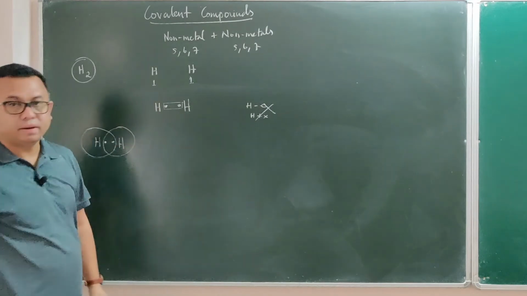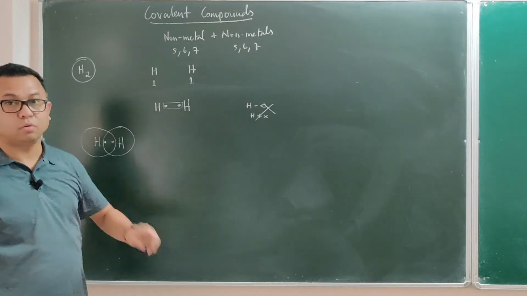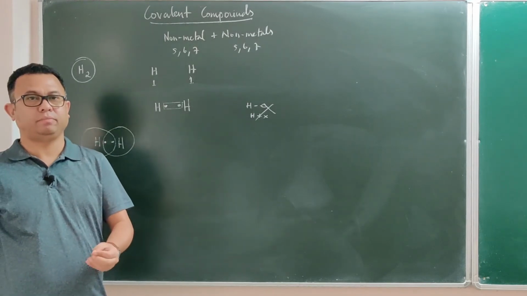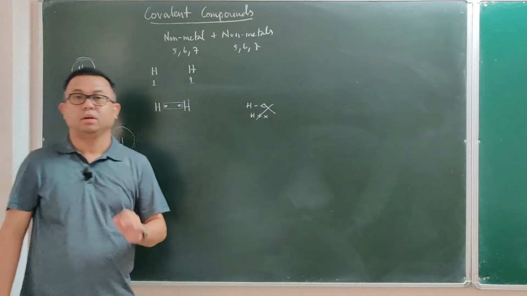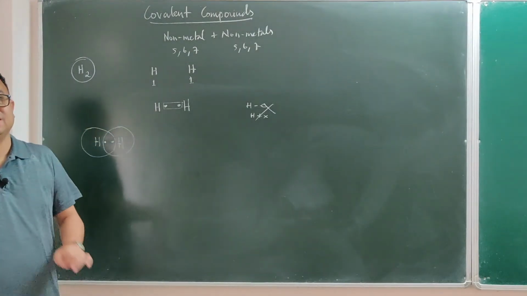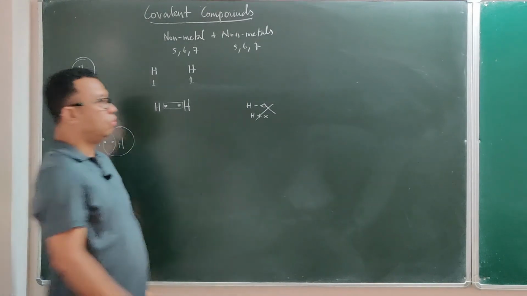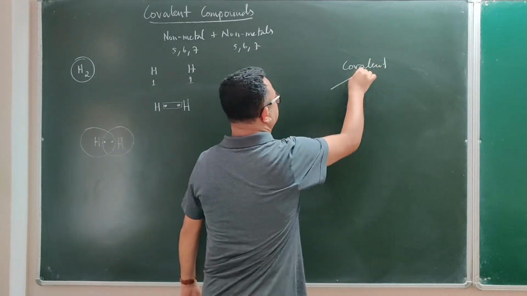And how many pairs? Now don't forget, I am talking here about pairs of electrons. One pair of electrons shared gives rise to a covalent bond which is called a single covalent bond. So that is why covalent bond is of 3 types.